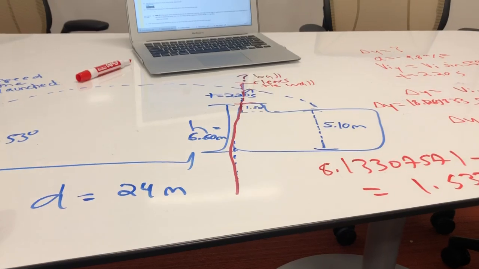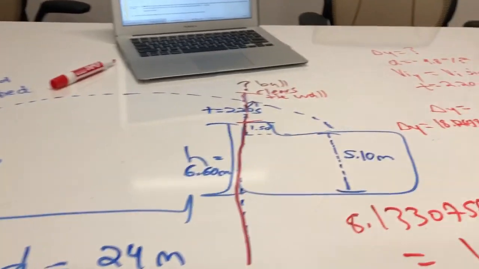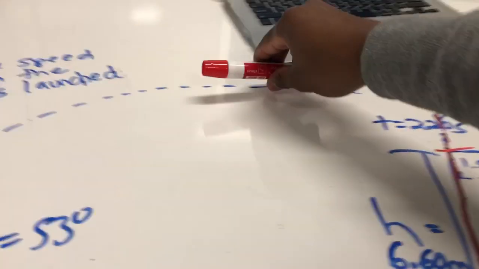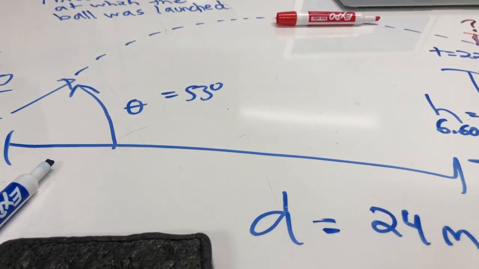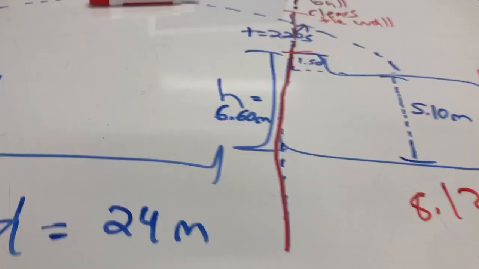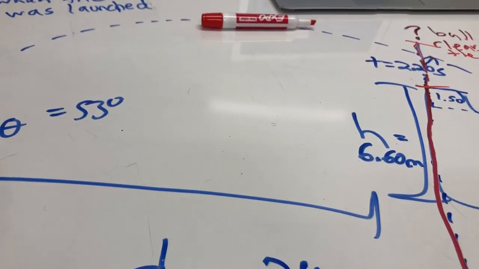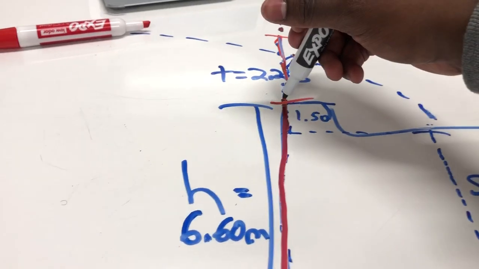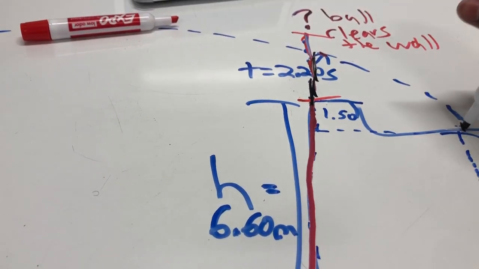Okay. So what would that look like if you drew it on the picture? Based off the picture, here I'll do this one in black. So this is where the wall starts, and it lands right here.